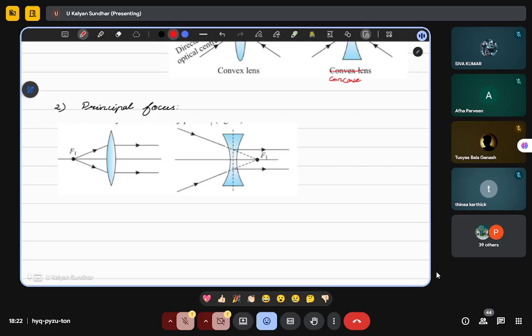And how to find f1 and f2: here the case is that the first principal focus is always the position of the object on the principal axis. I'll write it as PA. PA denotes the principal axis.